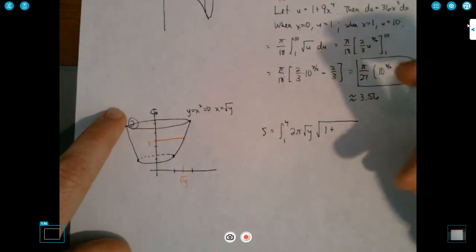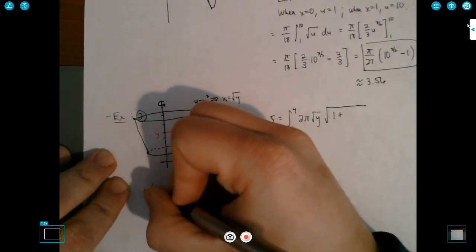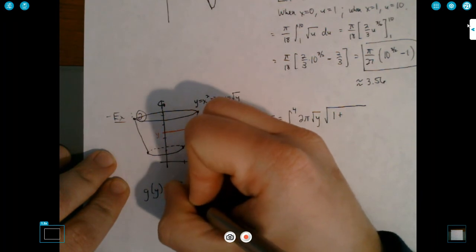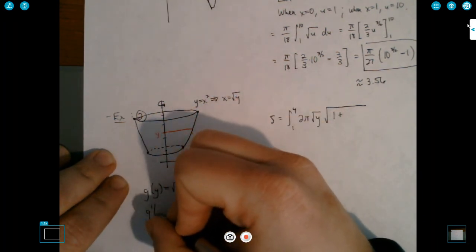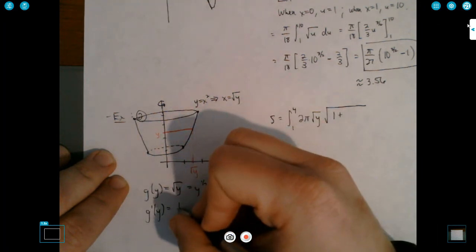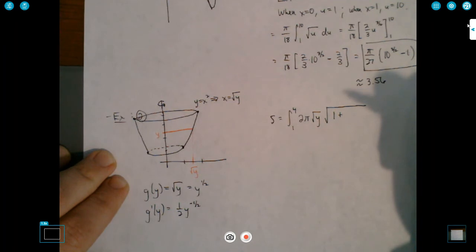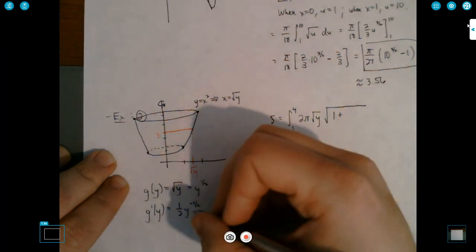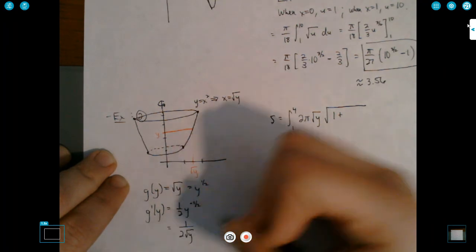Oh goodness, I always forget to do this scratch work, so let me do it now. If g of y is the square root of y, or in other words, y to the 1/2 power, then g prime of y is 1/2 y to the negative 1/2. Or if you like, you can call that 1 over 2 root y.